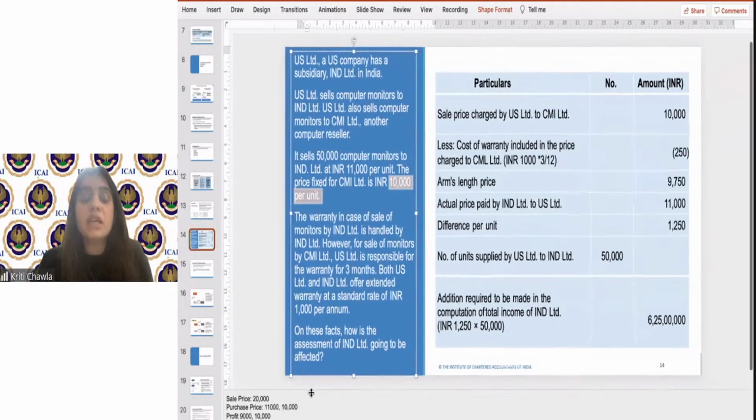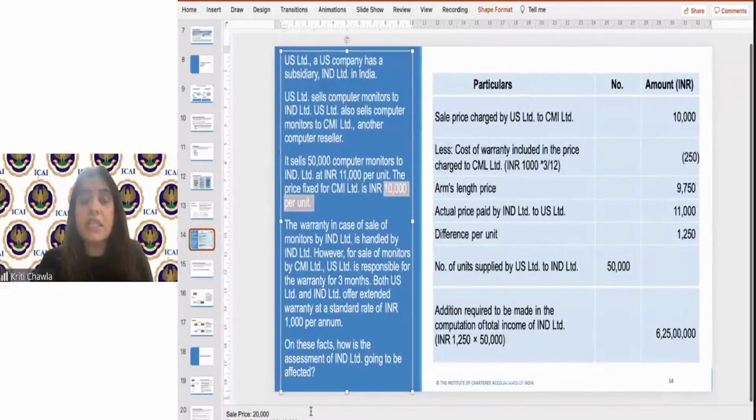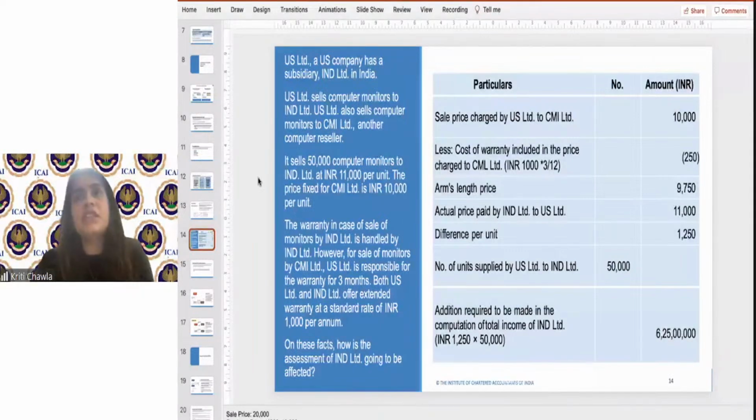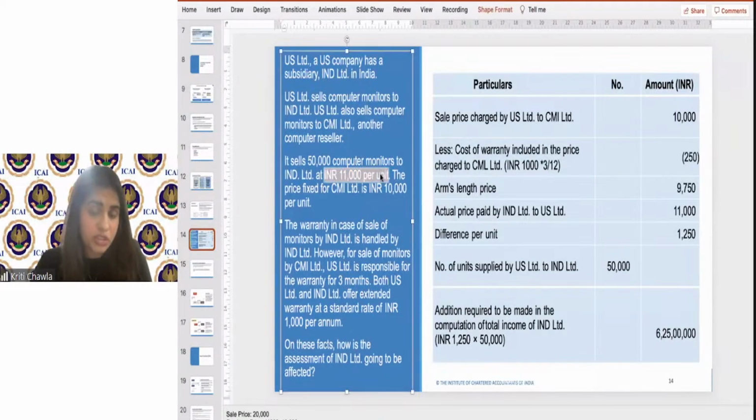Why? Because the purchase price in the AE situation is greater and the purchase price in the non-AE situation is lesser. That basically means that in the AE situation, the profits will be lesser, but in the non-AE situation, the profits are more. So you're trying to avoid taxes by having a higher purchase price.